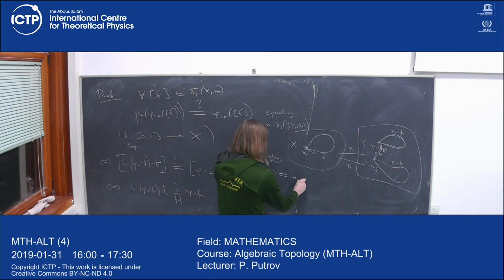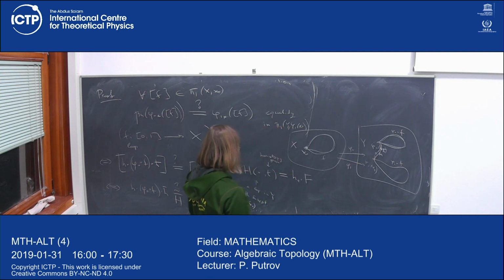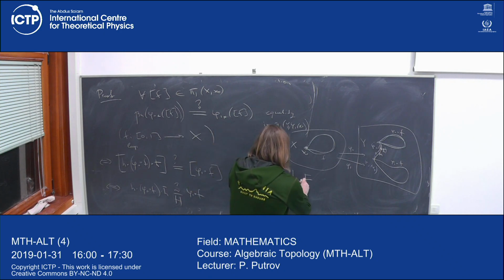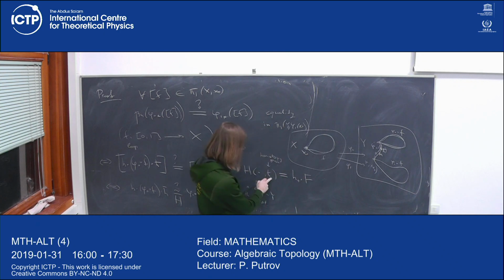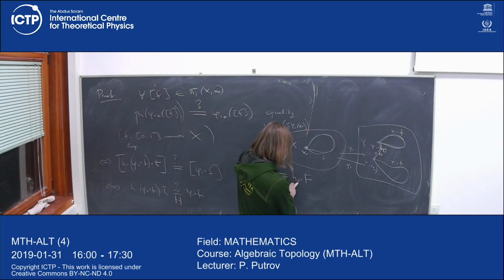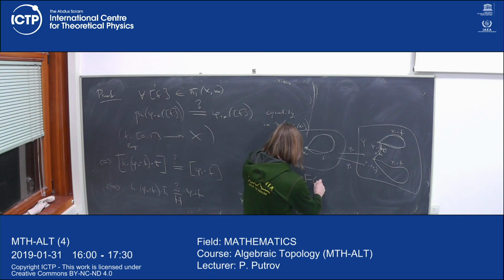So I want to explicitly say the following. For fixed t, this loop can be realized as a composition of the following loops: h_t, which I will define in a moment, then the loop which is the composition of phi with f.